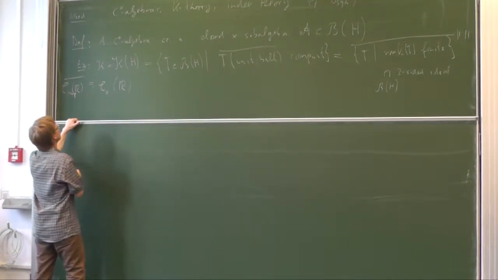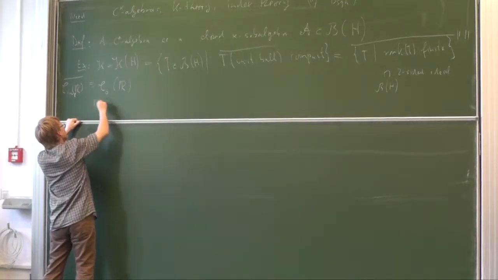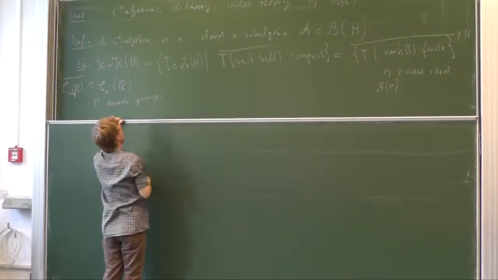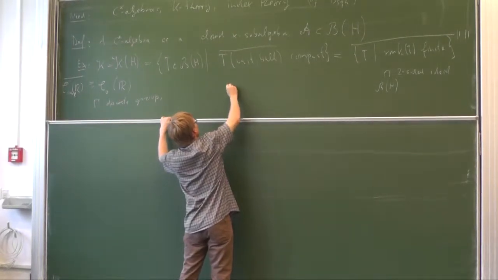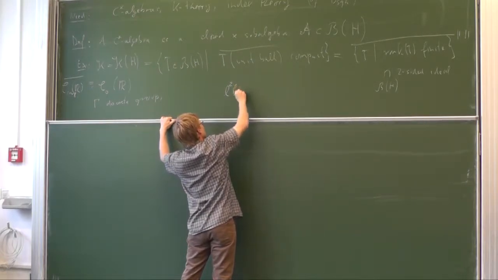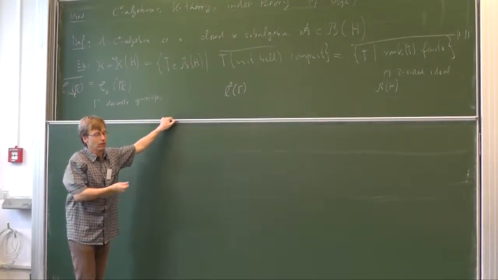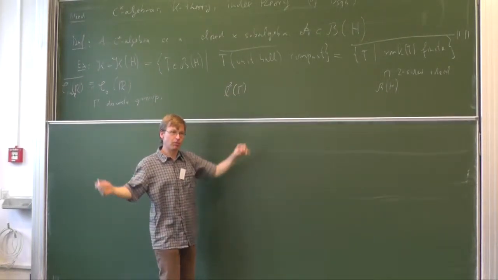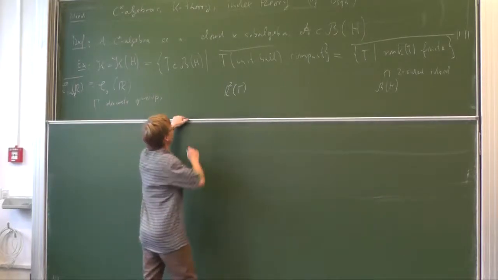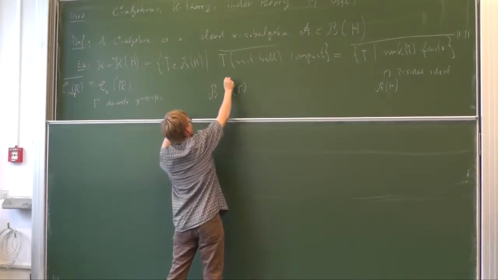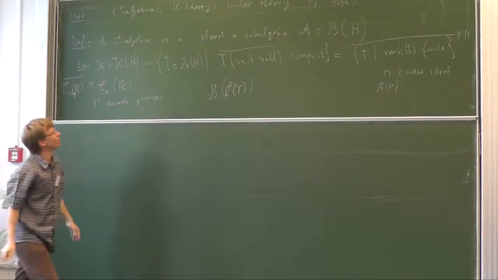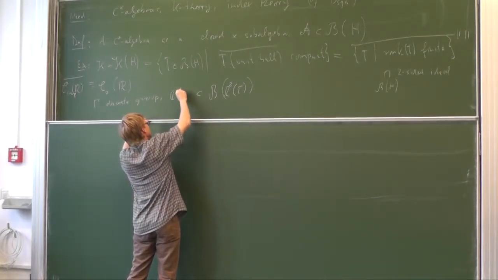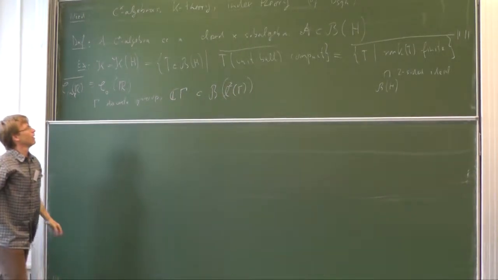Another example, which is kind of secret, is going to come up if gamma is a discrete group. We can make the Hilbert space of L2 functions on gamma, formal linear combinations of group elements with square-summable coefficients, and there are all the bounded operators on it, and inside that we can find the complex group algebra acting.